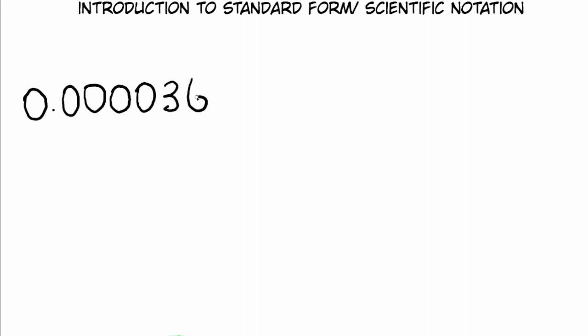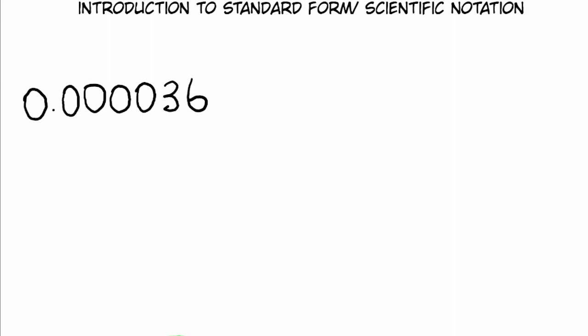At this time, we have 0.0000036. The same thing applies here. We need to get this number as a value between 1 and 10. What do we do? That is right, move the decimal point.